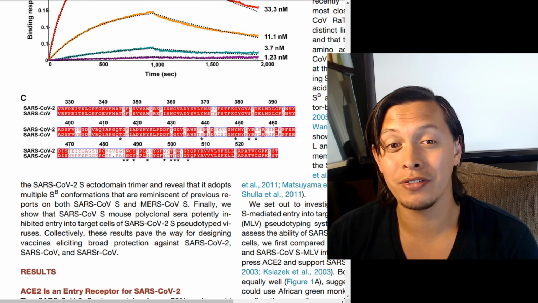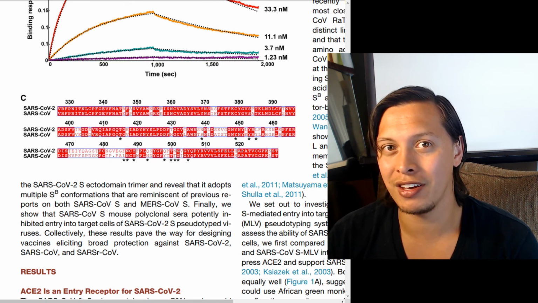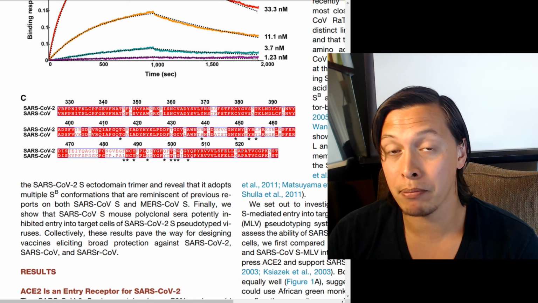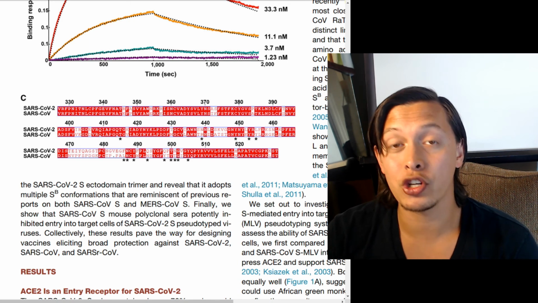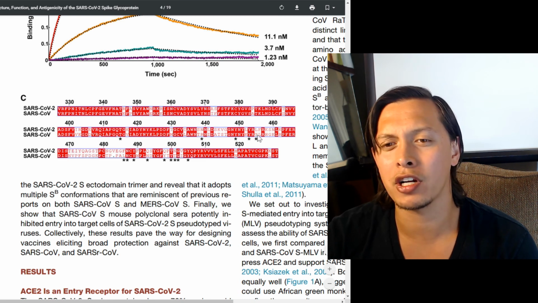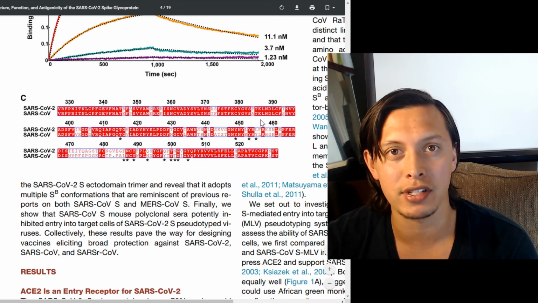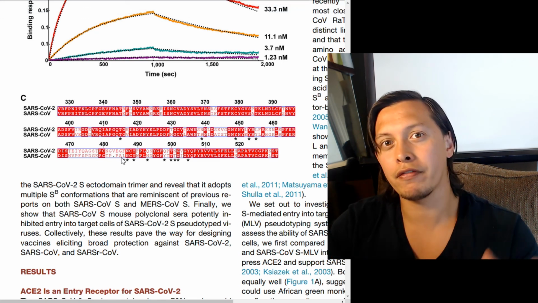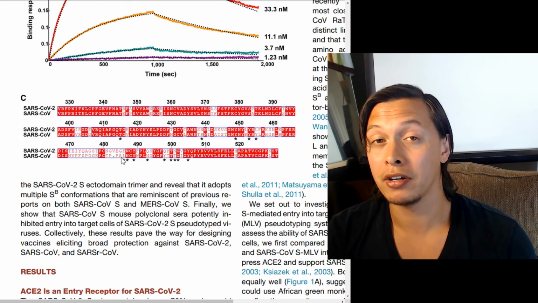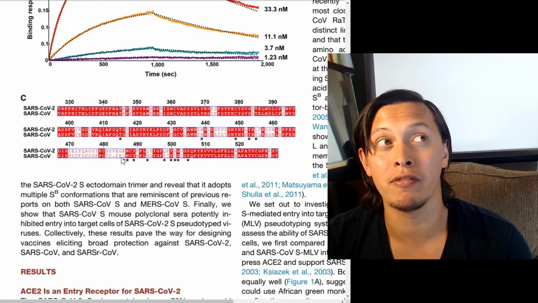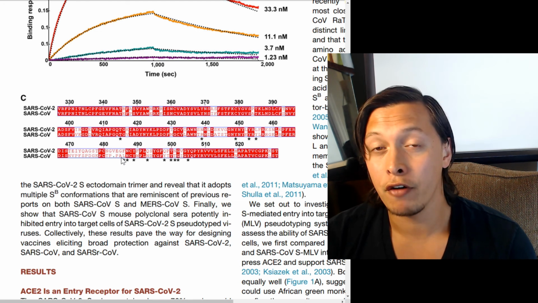Now, since we know that the current binding domain of the new SARS coronavirus 2 spike protein does bind a lot better, this could indicate that out of all of these new, I don't want to call them mutations, but all of these differences from the original spike, if you add up all of their effects together, you have a much better binding domain for that receptor.